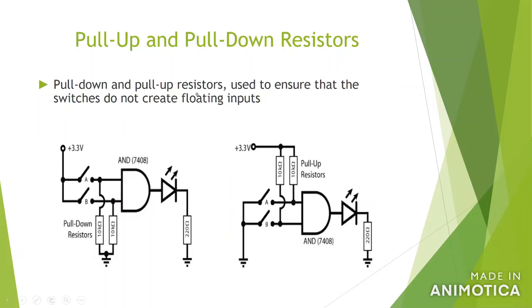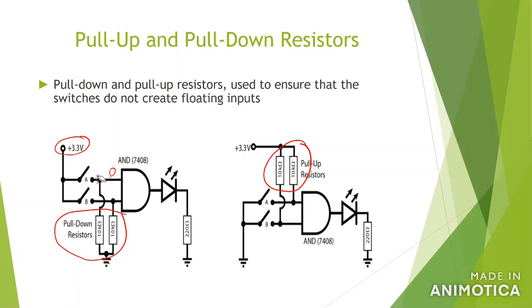Instead of leaving these two legs connected to nothing, we can use either pull down resistors or pull up resistors. In this case, when we use pull down resistors, the other side we connect to the power. If the switch is open, this leg is connected to the ground. So that means you have a 0.